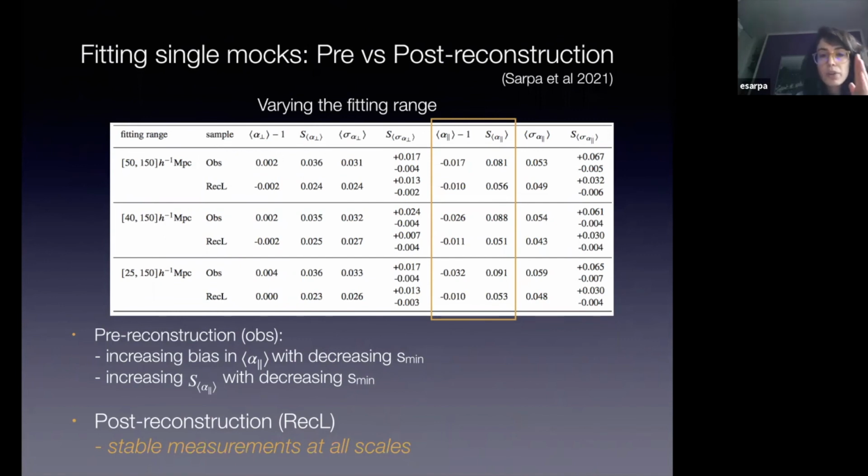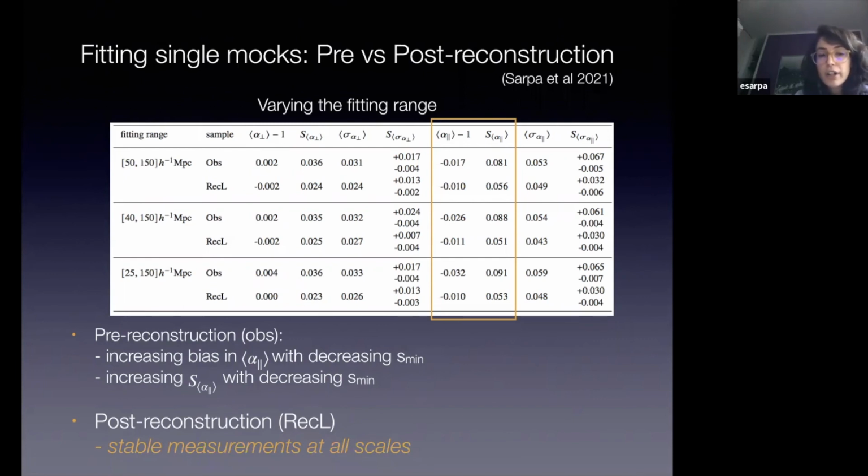What we discover here is that if we enlarge our fitting range from 50 to 150 to 25 to 150 megaparsec, before reconstruction, if we look at the value of the alpha parameters and their uncertainty, the bias starts to increase, again demonstrating that our fiducial template is not able to capture nonlinearities that become stronger at smaller scales.